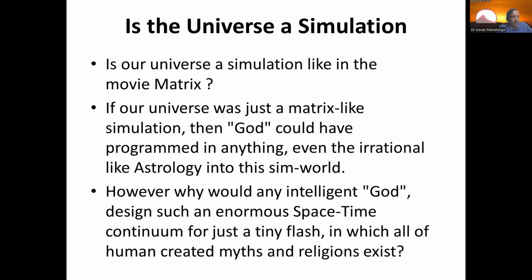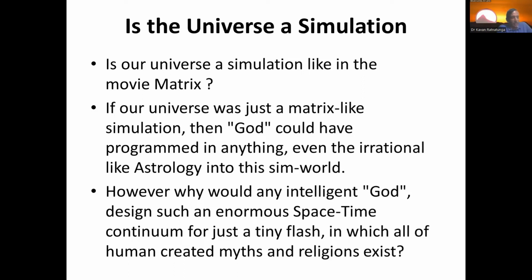But my fundamental question is that if some intelligent people were making a simulation, why would that God create an enormous space-time for just this tiny flash in which all human-created myths and religions exist?